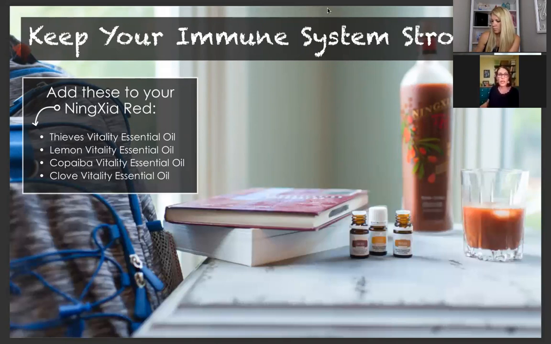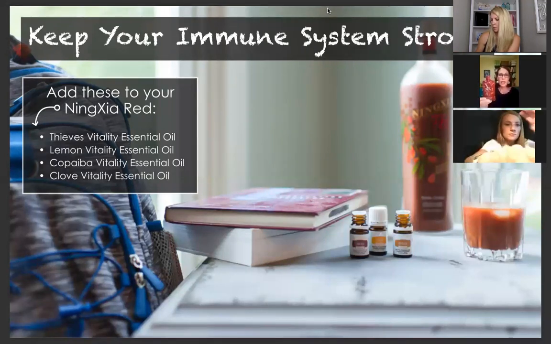The first thing I'm going to talk about, and these are in your premium starter kit when you get one, is these packs of what are called Ningxia Red. And they are a delicious antioxidant drink.